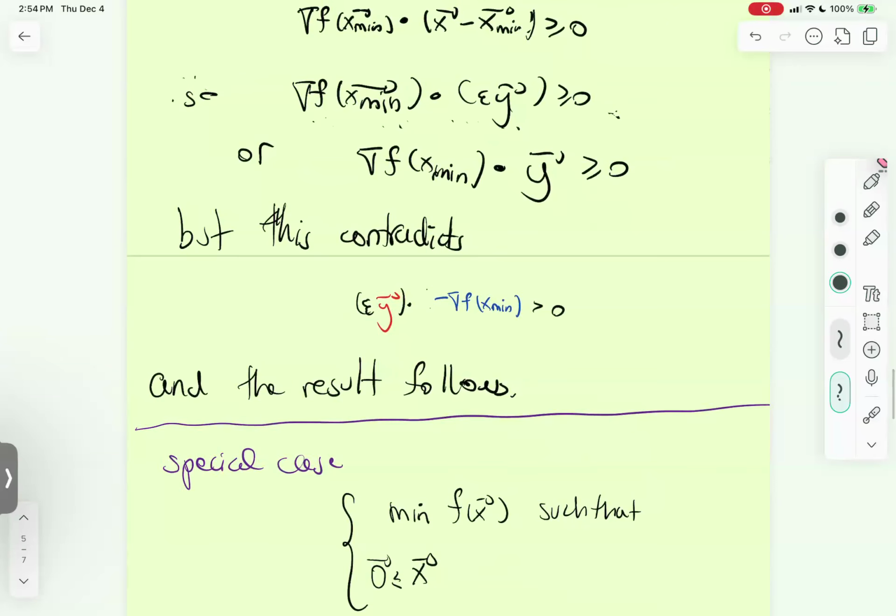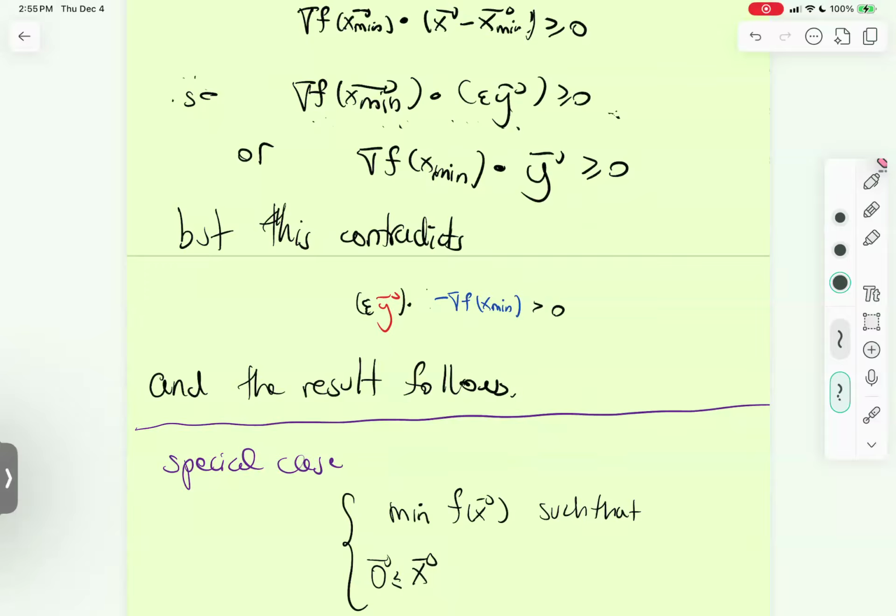And now we can return to this special case, which is much easier than what we were doing. Going back to our original case, before the matrix version, where you're trying to find the minimum of a function, but the variables have to be non-negative.